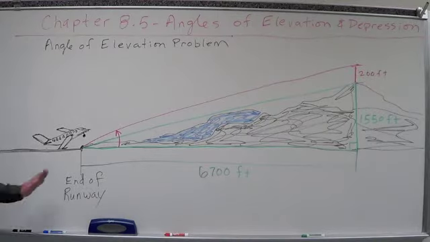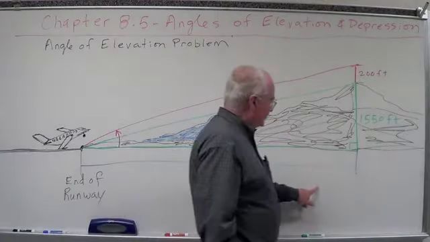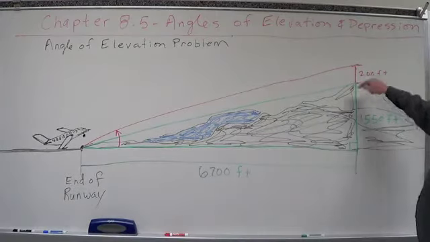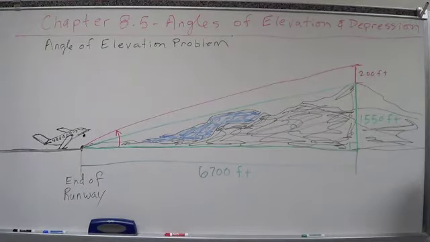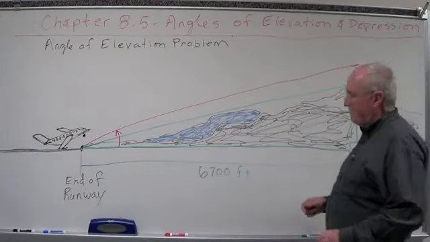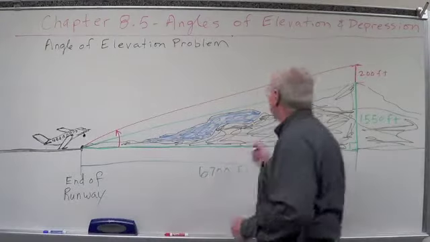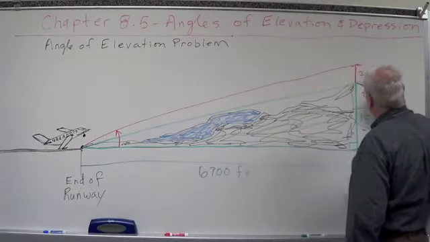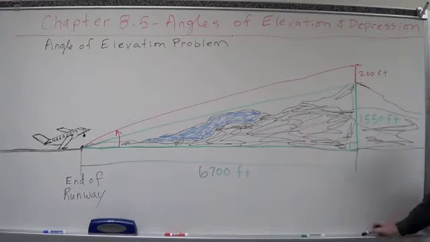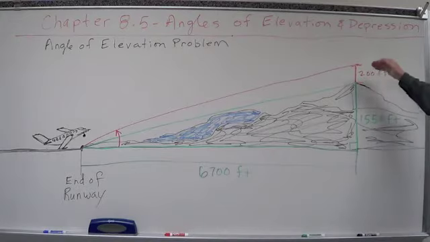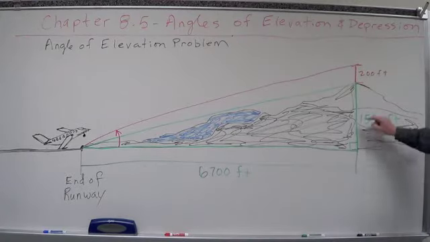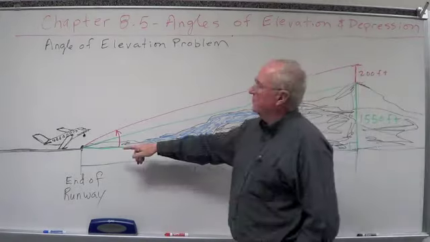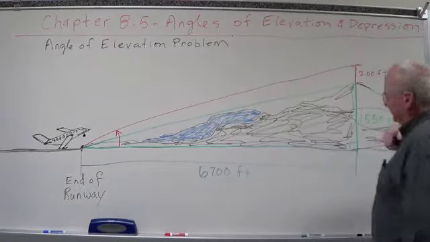And 6,700 feet from the end of the runway, there is a peak that rises 1,550 feet above the level of the runway. Now, that's not the height of the peak. That's how high it is above the runway at its highest.